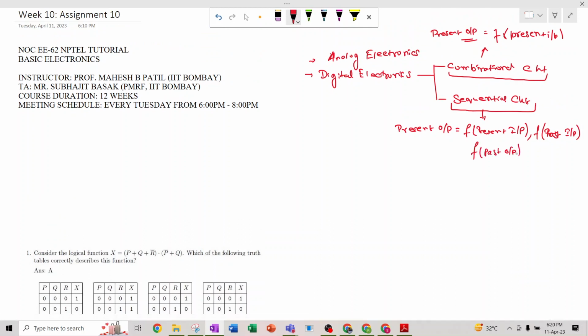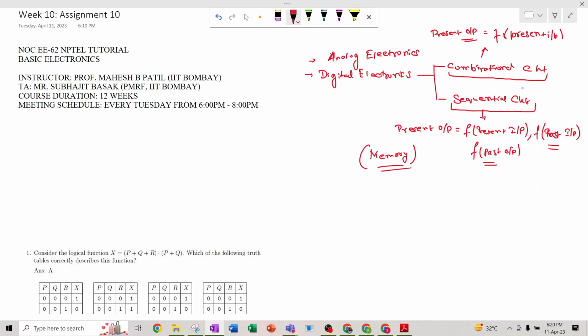So the present output does not only depend on the present input, but also on the past condition. This is well known as the memory thing. In the memory, whatever was the previous thing, we memorize it, and then based on that the present output is produced. This is the basic difference between the combinational circuit and the sequential circuit.